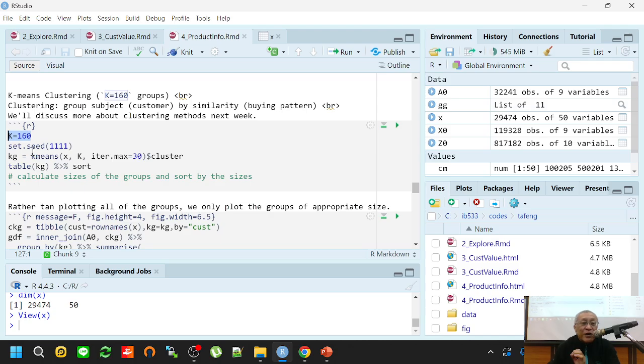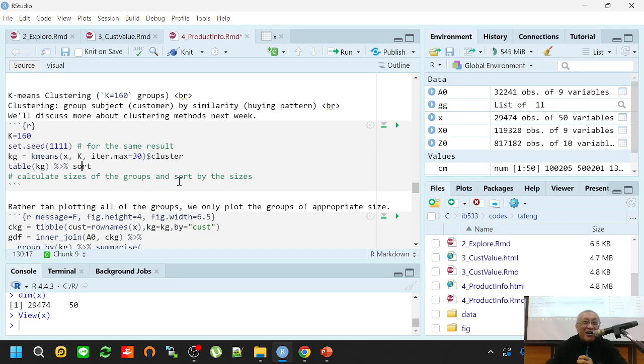In this example, I group it into 160 groups. And the seed is actually set because with this k-means method, if you do not set a seed, it would cluster randomly.